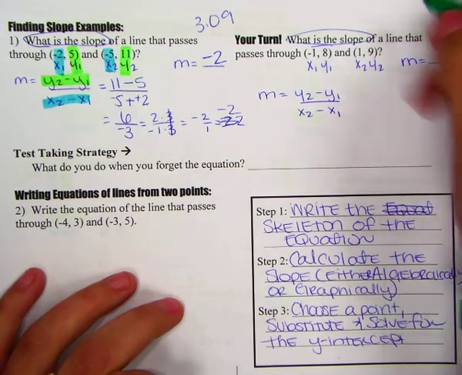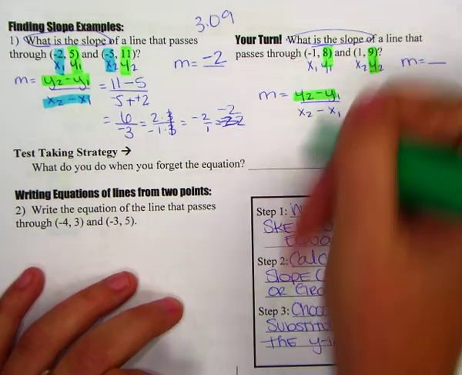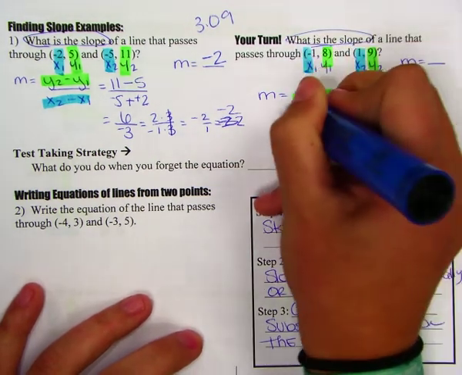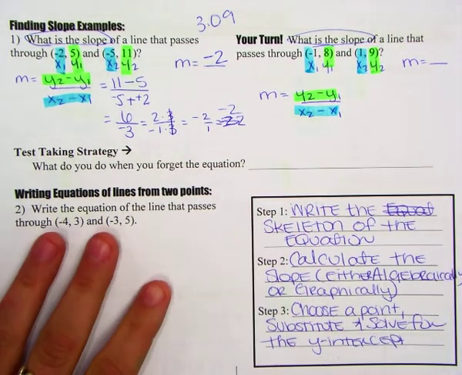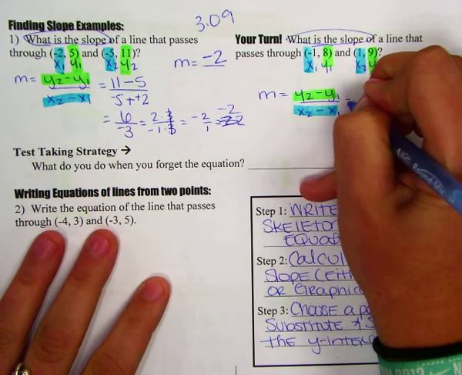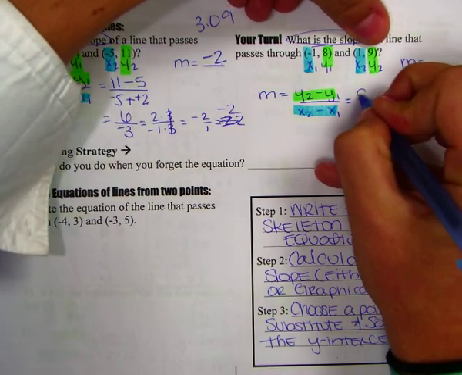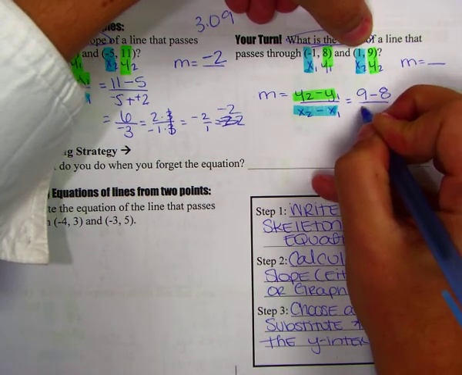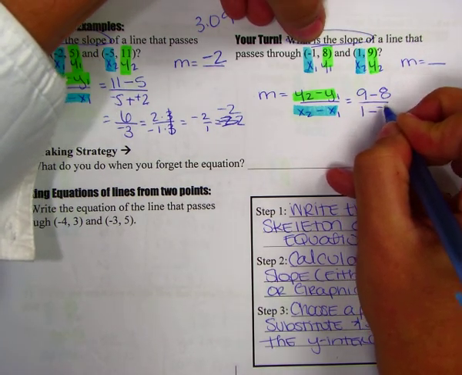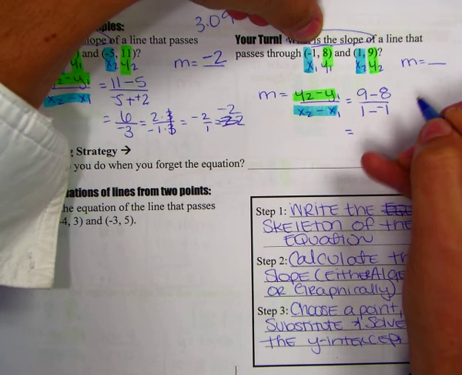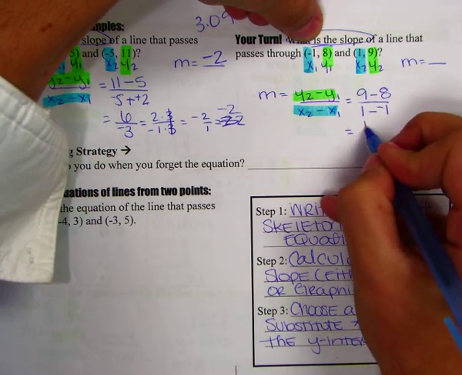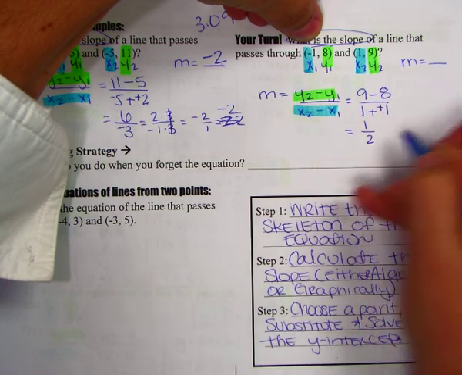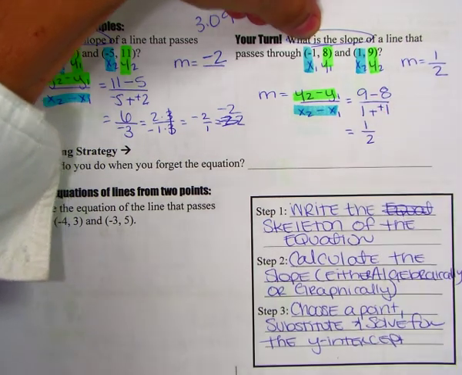So highlight my y's, highlight my x's, and then go ahead and simplify or substitute y2 minus y1 divided by x2 minus x1. Simplify. 9 minus 8 is 1 plus a positive. 1 plus 1 is 2. So my slope is 1/2.